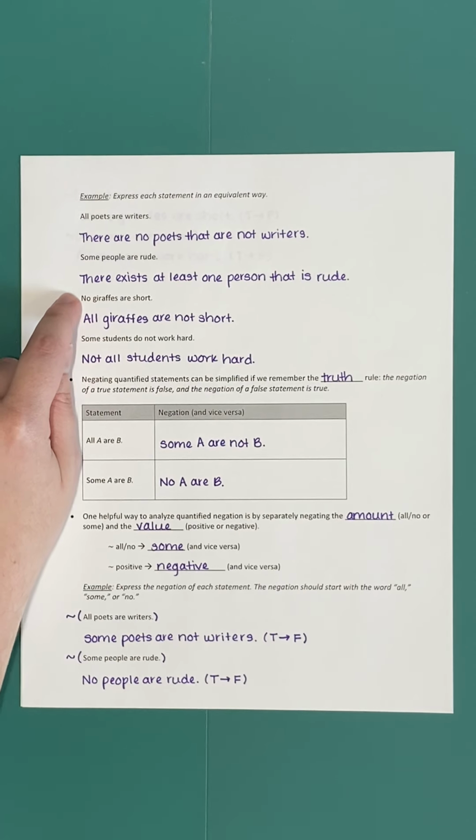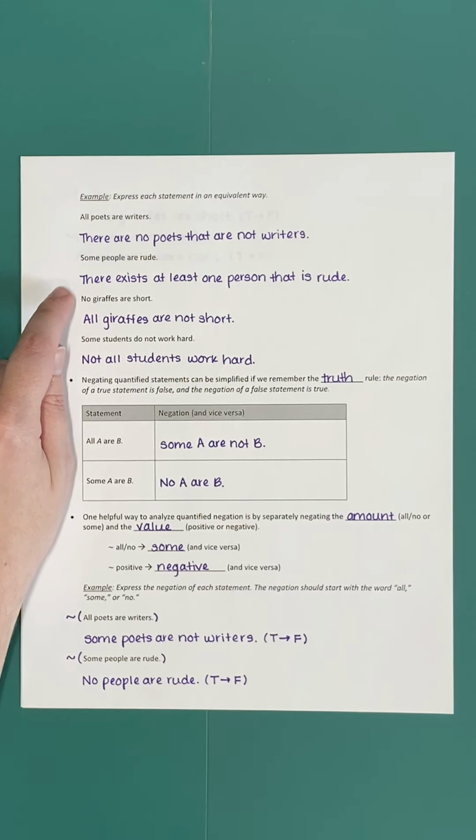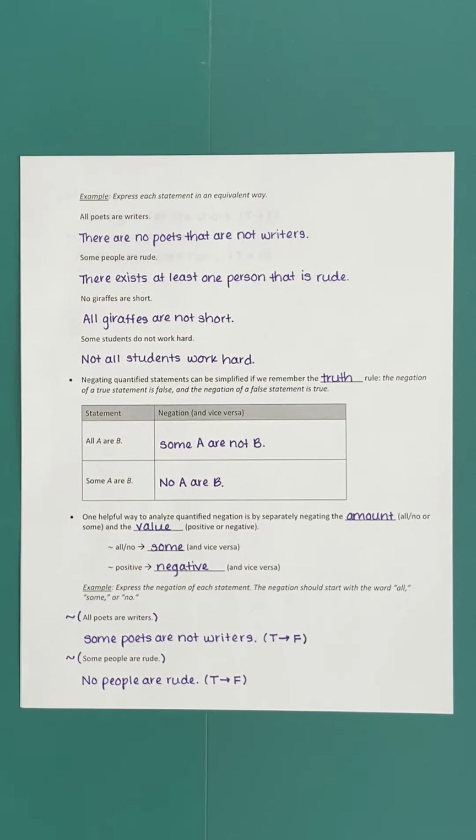Now with this one in particular, we want to be careful about how we use wording when we want to express something equivalently. Notice that what we're changing here are the quantifiers, the words like all, no, none, some, those kinds of things. We're changing those words.